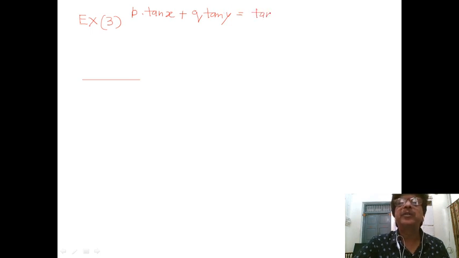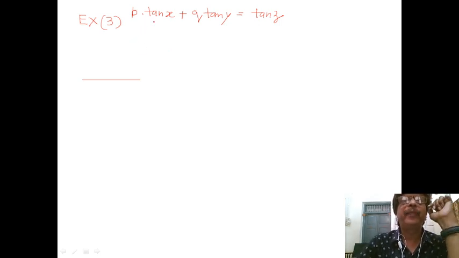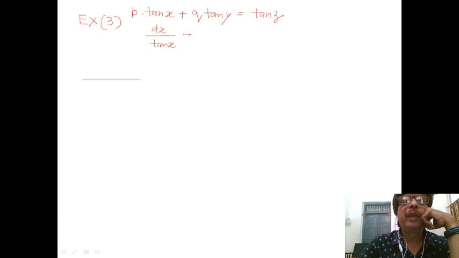Very simple equations. I am providing you a very short and quick solution. So tan x is capital P, tan y is capital Q, and capital R is tan z. So I am writing dx upon tan x, dy upon tan y equal to dz upon tan z.